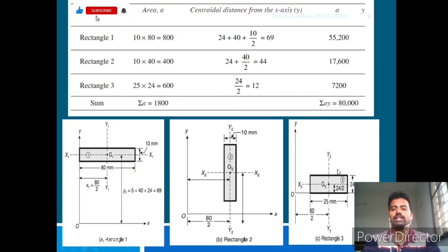Next, for the third section you have 25 into 24, so 25 into 24 is 600. So you get the summation of A.